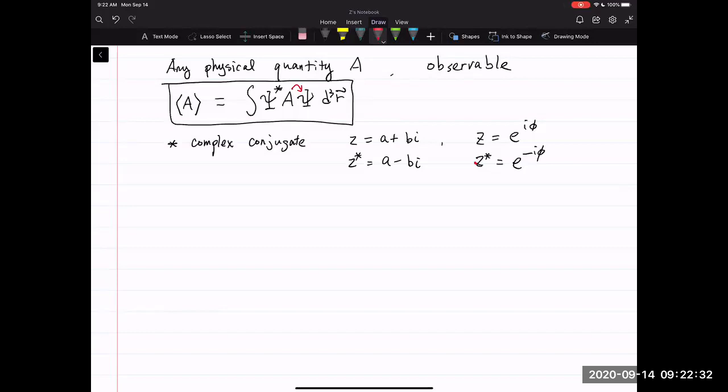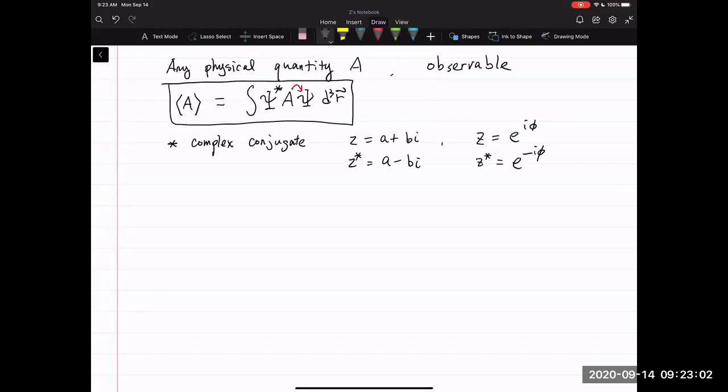Okay, so it looks rather complicated, but actually, if you look at the meaning of that, it's not that hard to understand. If you take a simple example, let's say the two operators we have already talked about, the momentum or energy of the system.